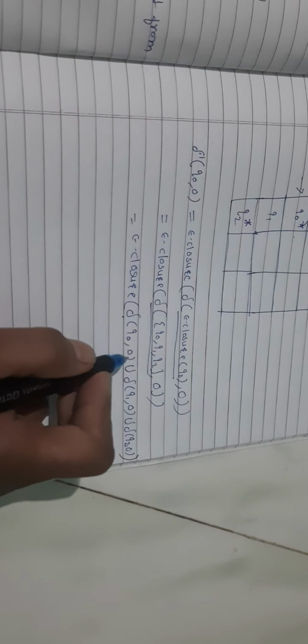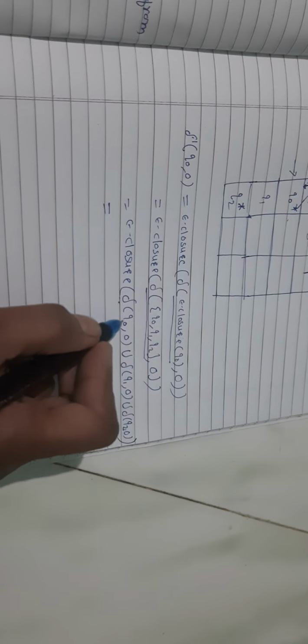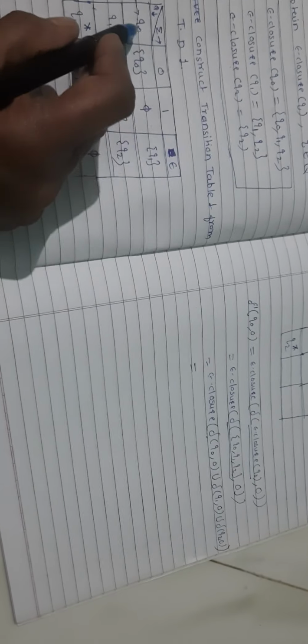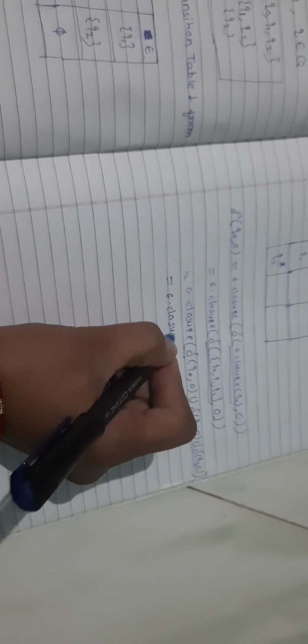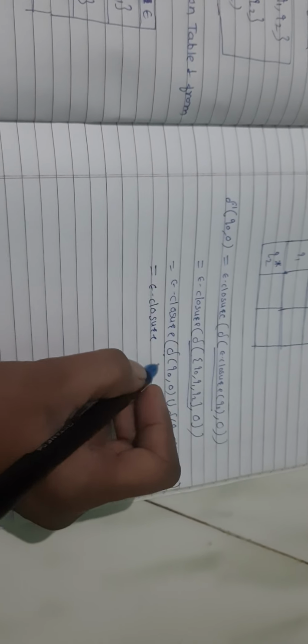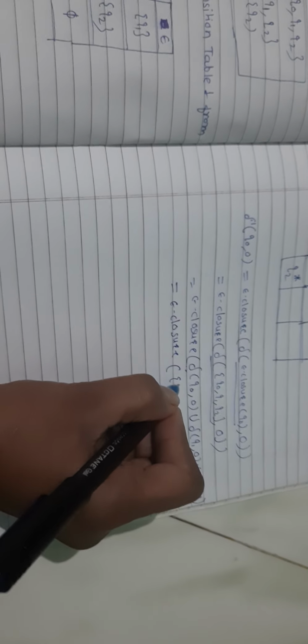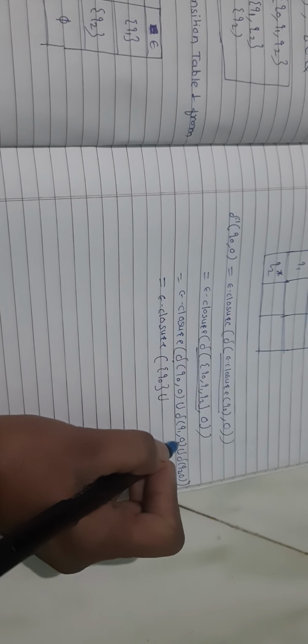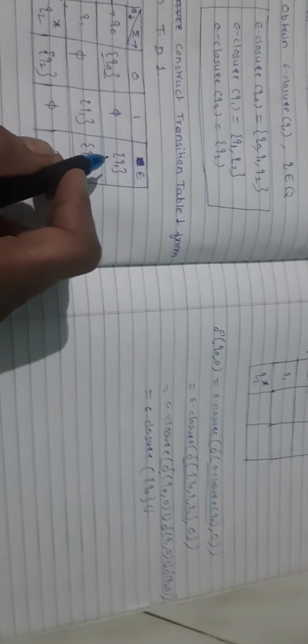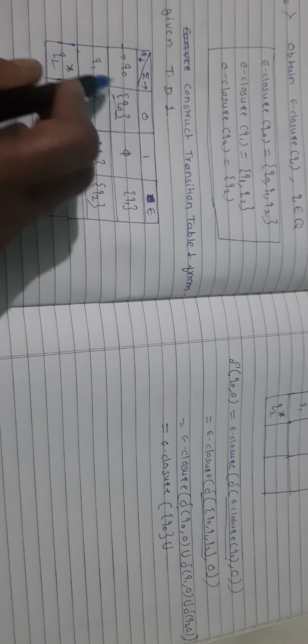Get the value of this from the previous table. What is delta of Q0 0? That is nothing but Q0. So epsilon closure of Q0 union delta of Q1 0. Look into the table, delta of Q1 0 is phi.